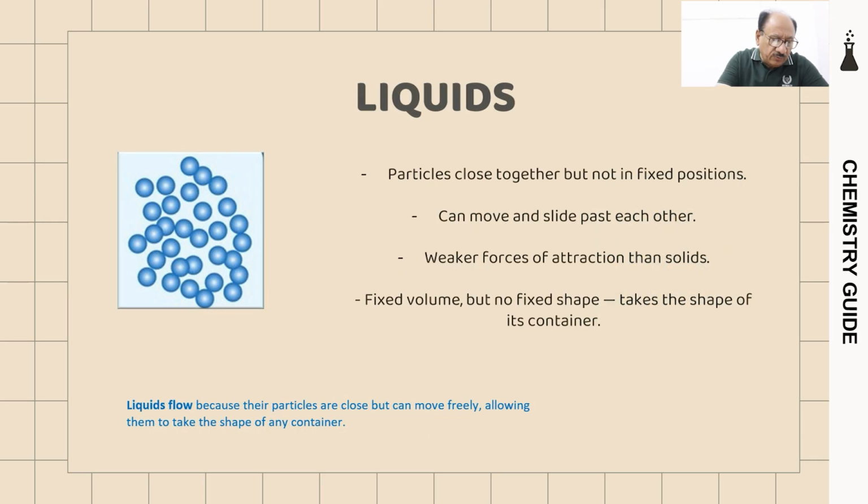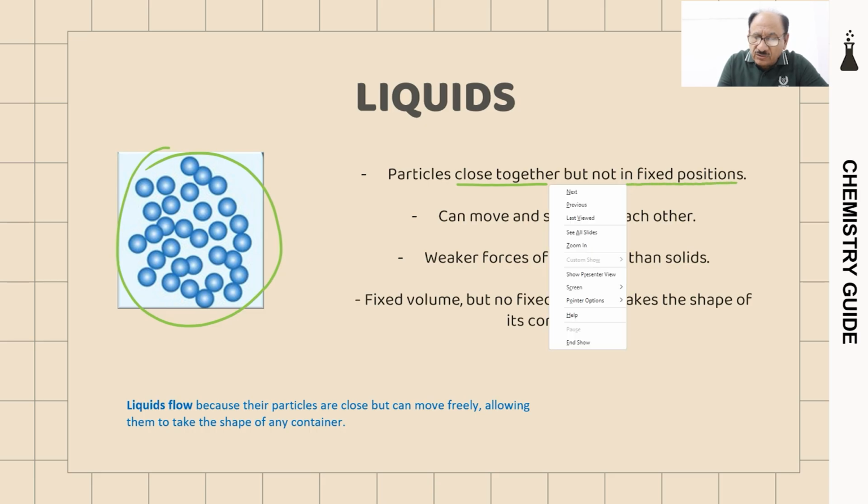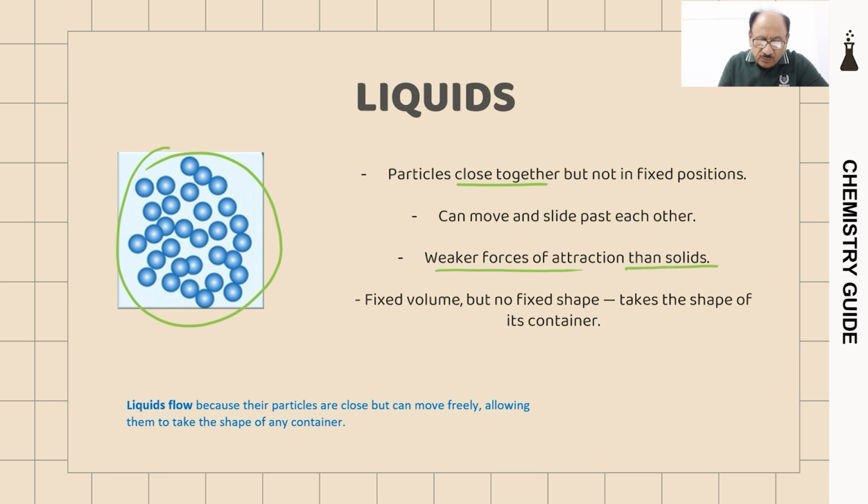Similarly, we can study liquids. In liquids, the particles have relatively more gap as compared to solids. Particles are close together, but not in a fixed position. They can slide past each other, so there are weaker forces of attraction as compared to solids.